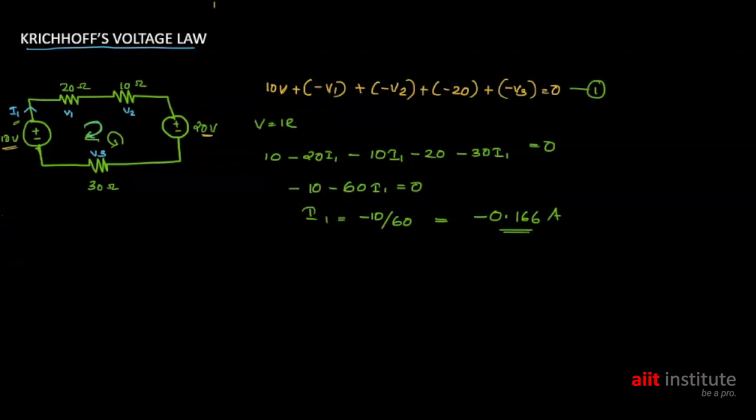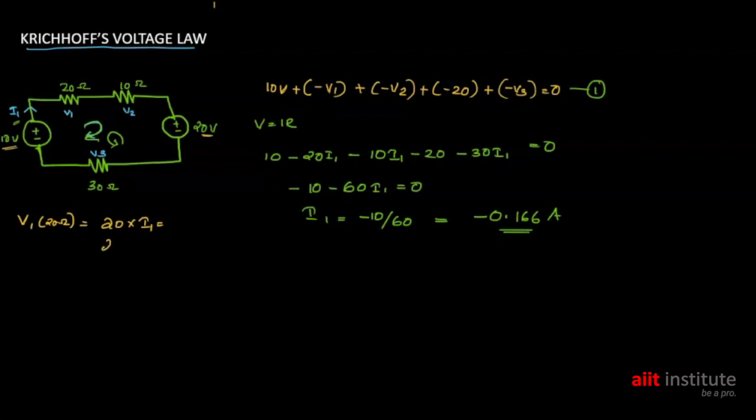So let's find V1, which is the voltage drop across the 20 ohm resistance. According to Ohm's law, 20 into I1 is the value of V1. We know that the value of I1 is 0.166.